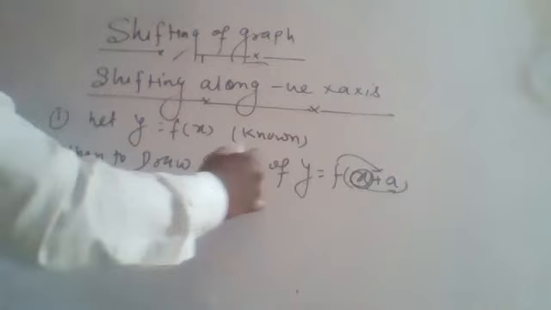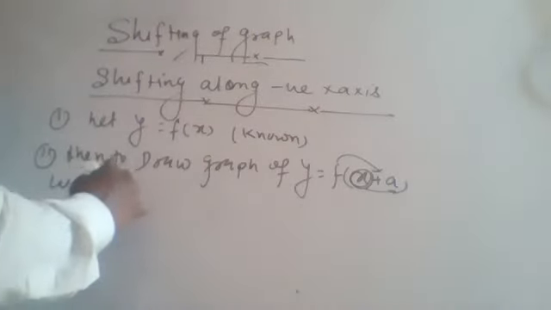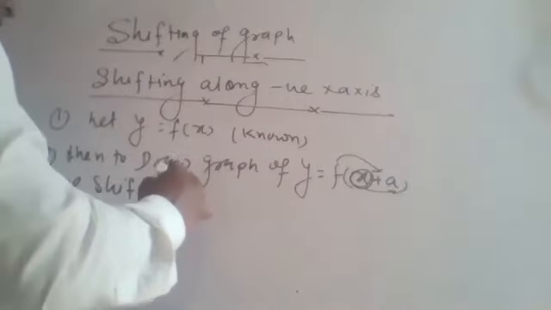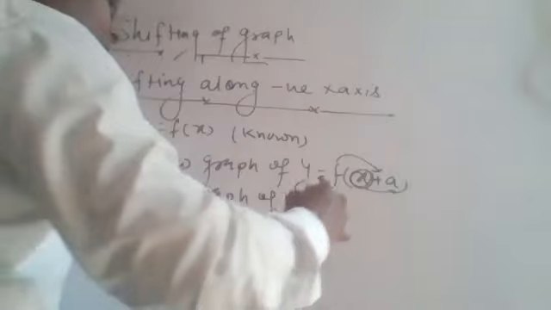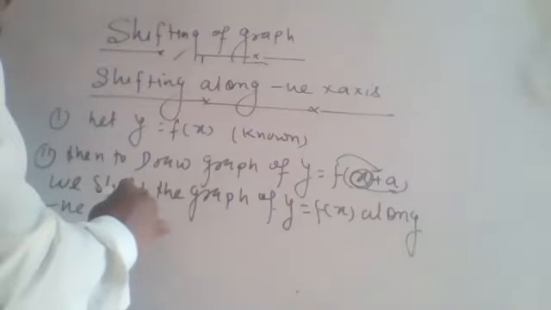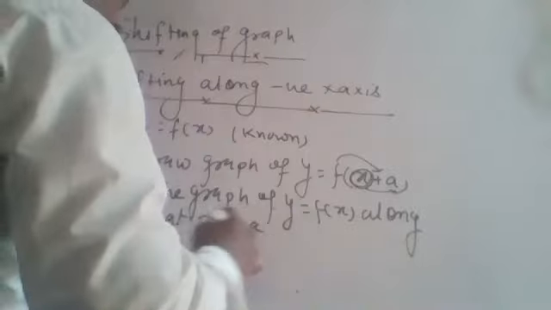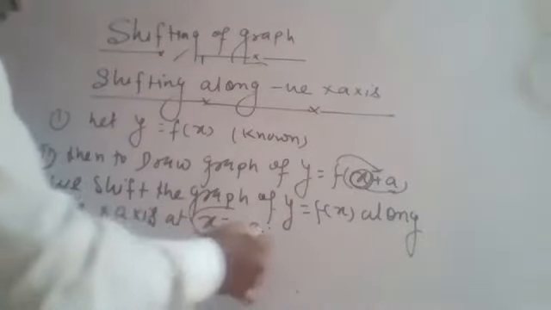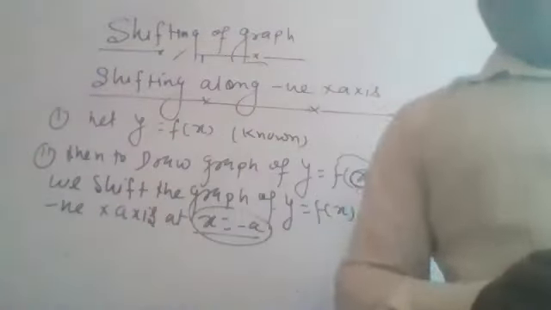Then to draw the graph of y equals to f of x plus a, we shift the graph of y equals to f of x along negative x-axis at x equals to minus a. Write down this one, simple.